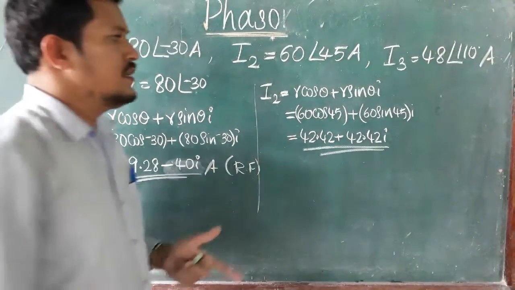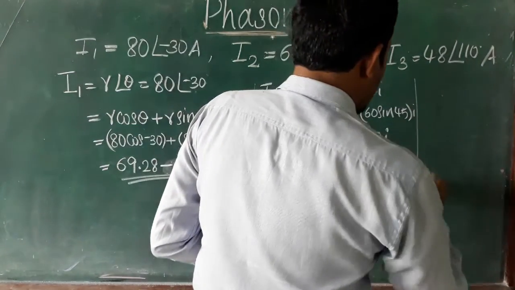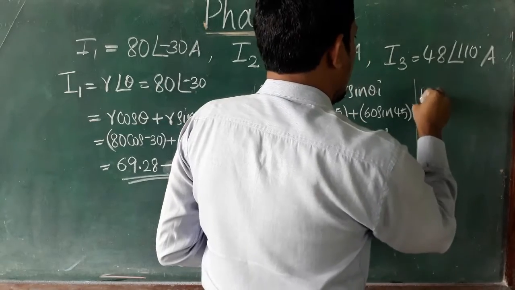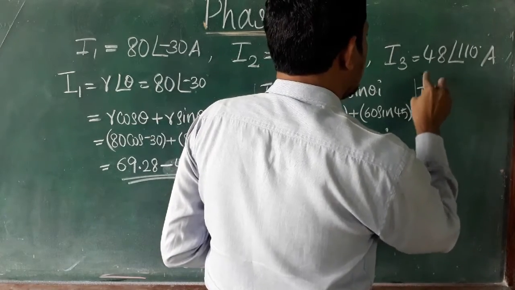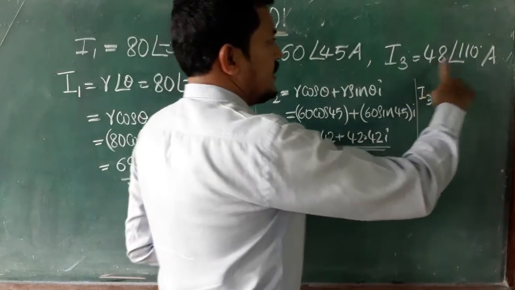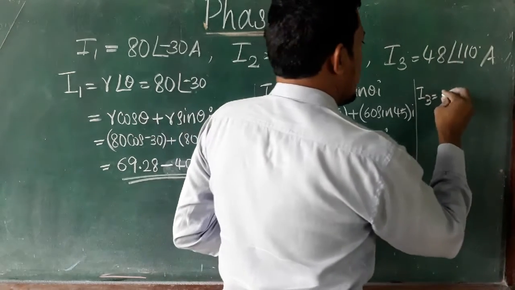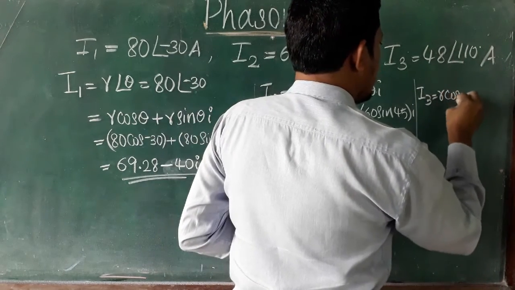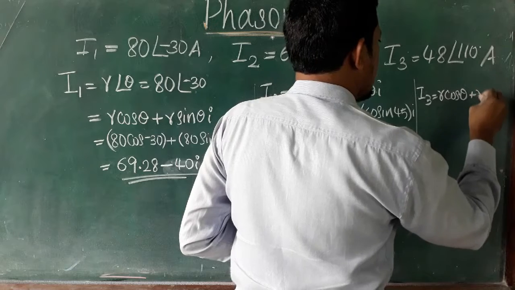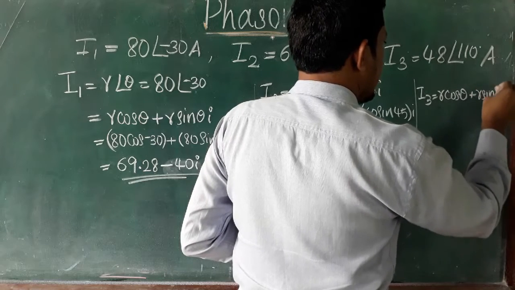The third one, again the third one I am converting. I3 equal to, here R is 48, theta is 110. So the real part is R cos theta, and the imaginary part is R sin theta i.